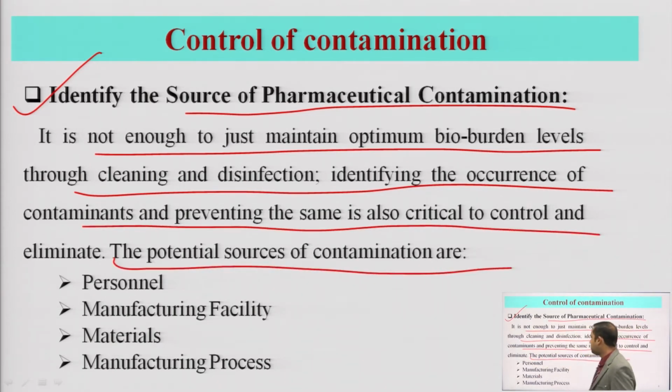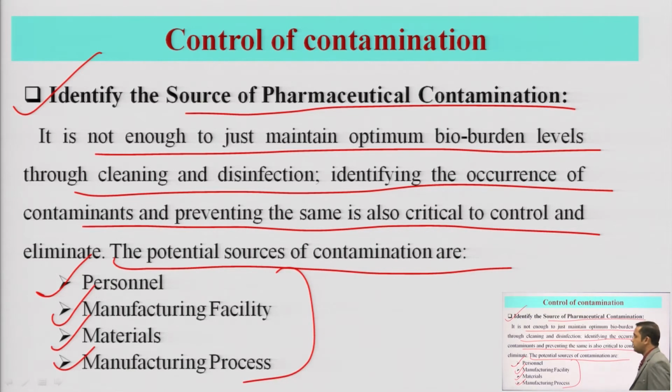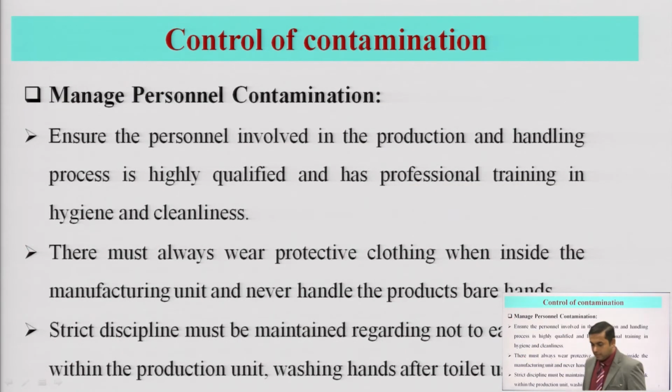We already have seen personnel, manufacturing facilities, materials, and the manufacturing process can be potential sources. So, to control the contamination, first you have to check from where it is coming. In quality control, if your product is failing, check the potential primary source. After that, you can manage the personnel contamination.